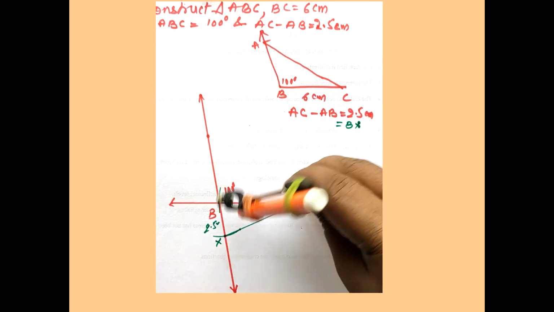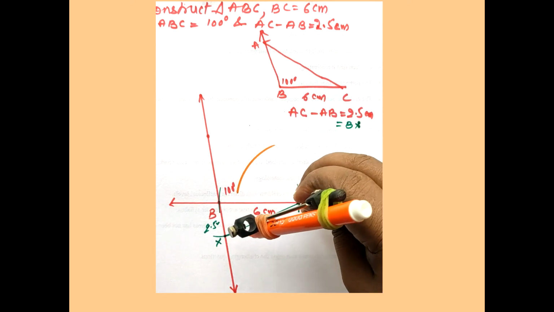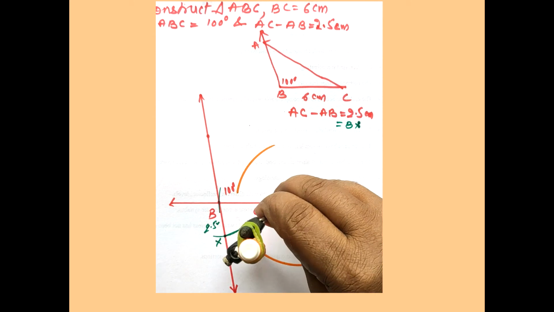Now I will draw the perpendicular bisector of XC. You know the rule. Take more than half; upside and downside we need to draw arcs, the same radius from X and from C. These two are the points given to us.